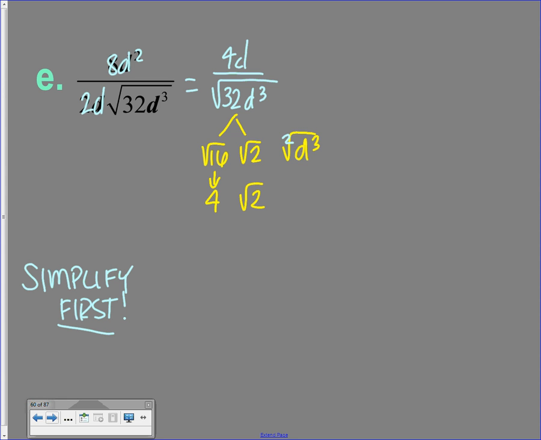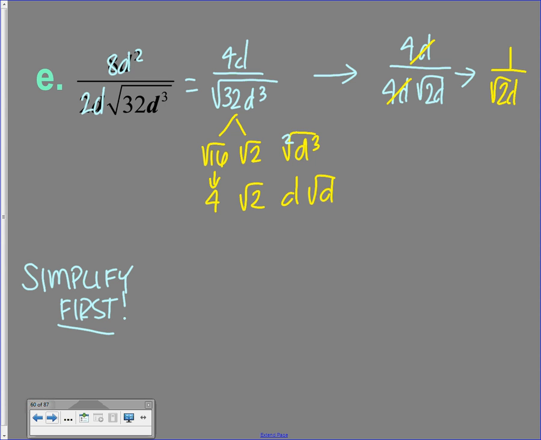In groups of 2, so 1 can come out and 1 is left inside. So if I rewrite what I had before, I've got 4d over 4d times the square root of 2d. Okay, oh, this is getting nice. Now I'm like, hey, 4d and 4d cancel, so I've got 1 over the square root of 2d.